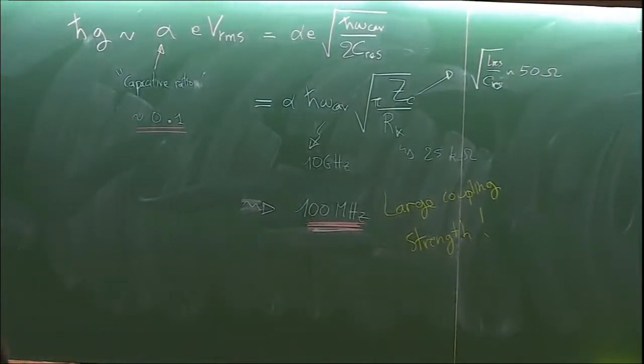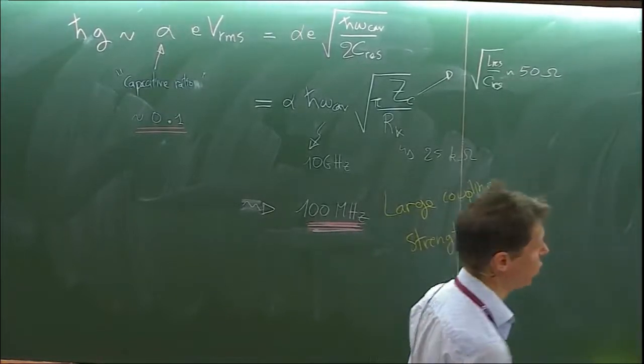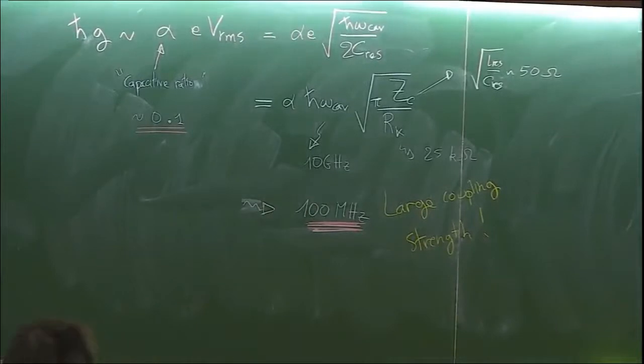Okay, and so now what I will do, I'm not sure I will have time to, but we will continue this afternoon, is now we'll apply these things to two very important situations.